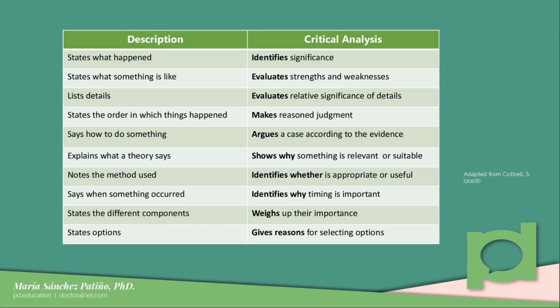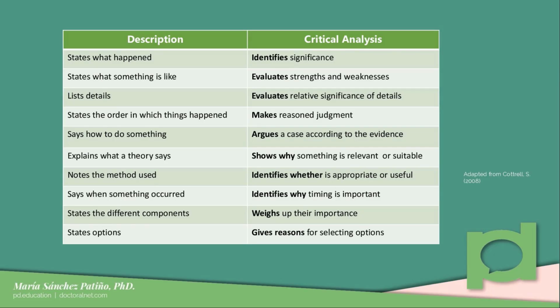You cannot develop a whole academic text only on description, only describing things, telling us a lot of facts. No, you have to do all the things. You have to identify significance. You have to evaluate strengths and weaknesses. You have to evaluate significance of details.